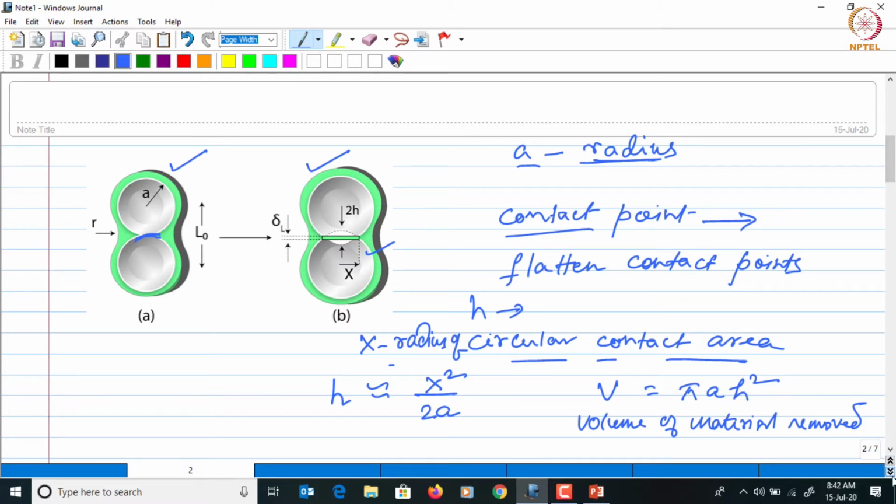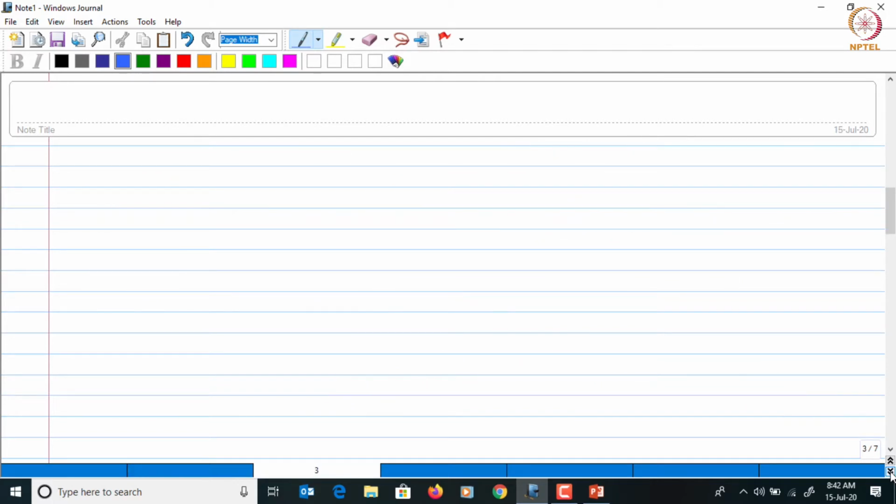Now let us see what is the diffusion rate through this liquid in this stage.